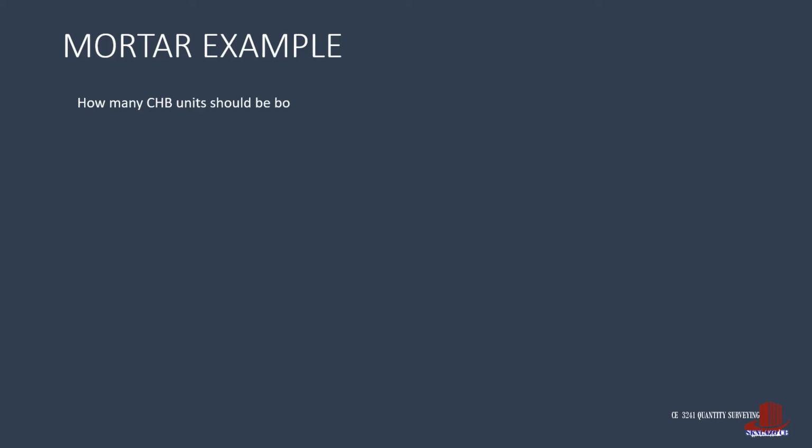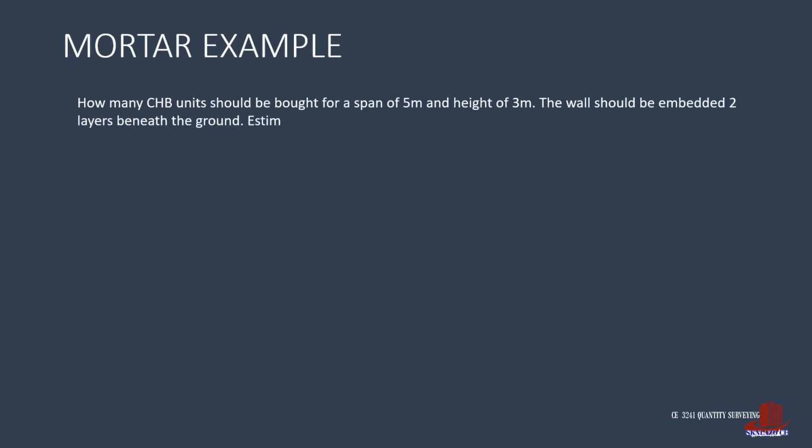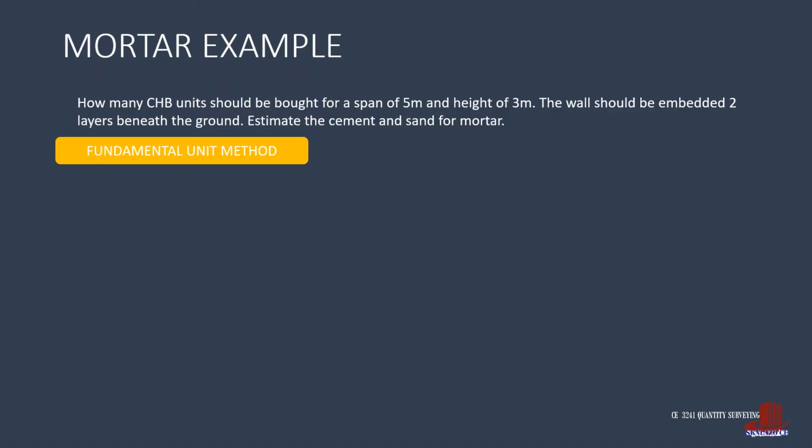From the previous example we had in determining the number of CHB, let's continue with computing for the proportions of sand and cement for the mortar. Starting off with the fundamental unit method, we would have to divide the procedure for block laying and filler. When block laying, the standard thickness of the paste is 0.0125 meters, and from our computed number of layers earlier, we had 17 layers.